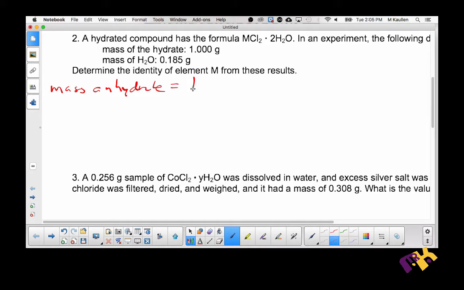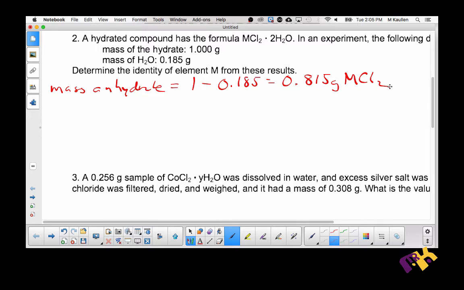So we take 1 minus our 0.185, and we get this to be like what? 0.815. All right, so this is 0.815 grams of the anhydrous MCl2. We don't know what M is. We can even write that down if we want to label it. This is MCl2.